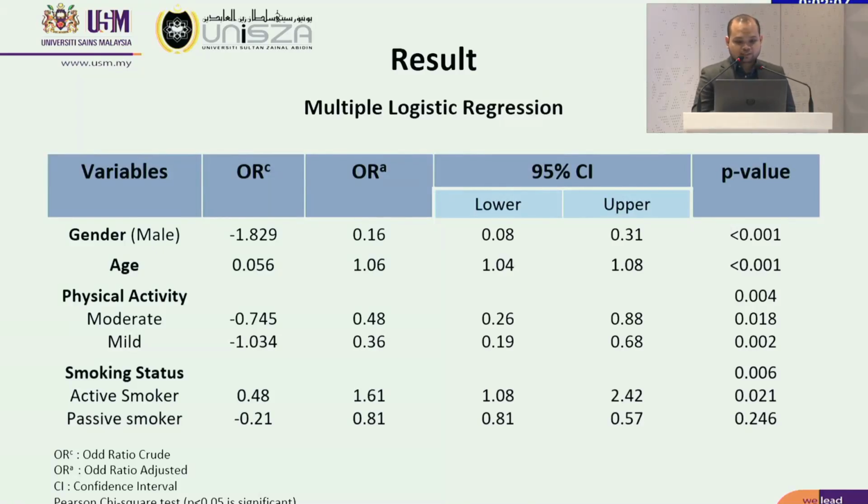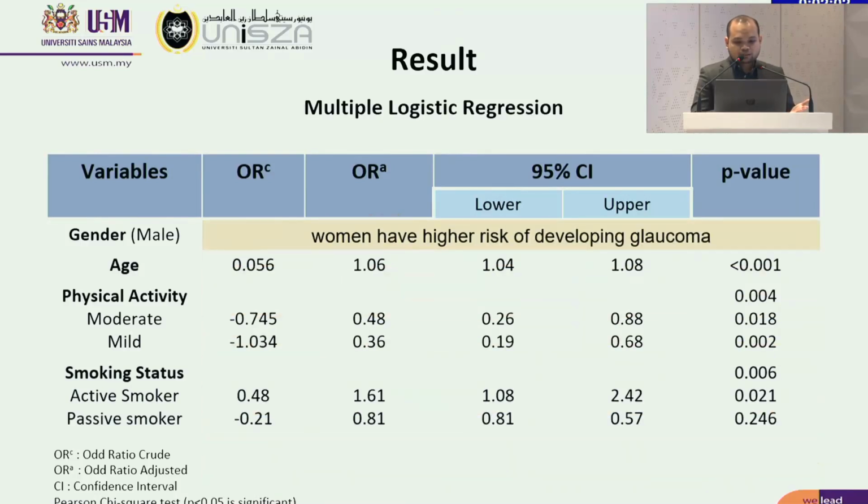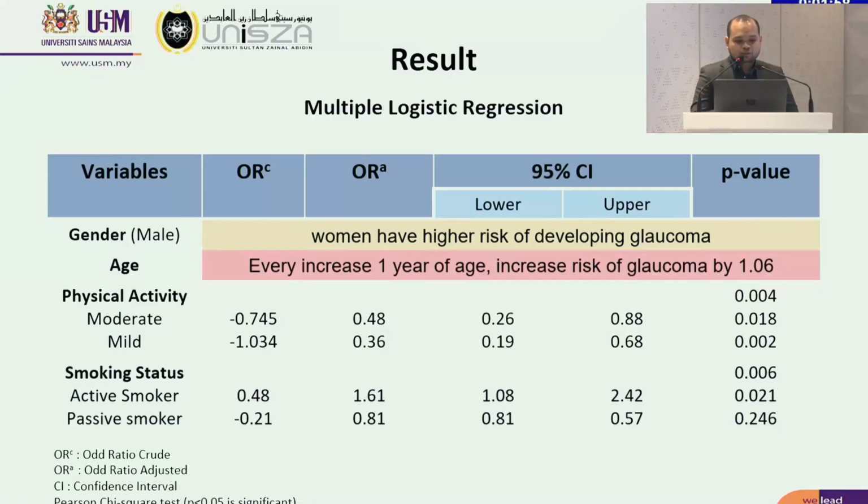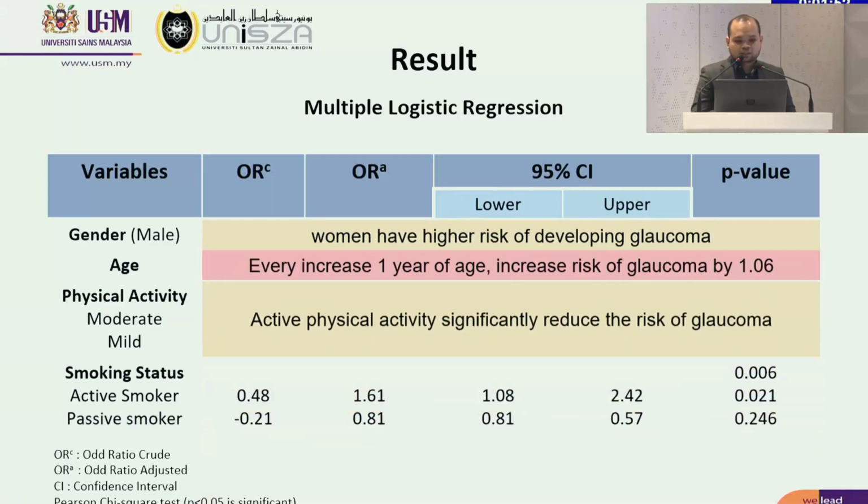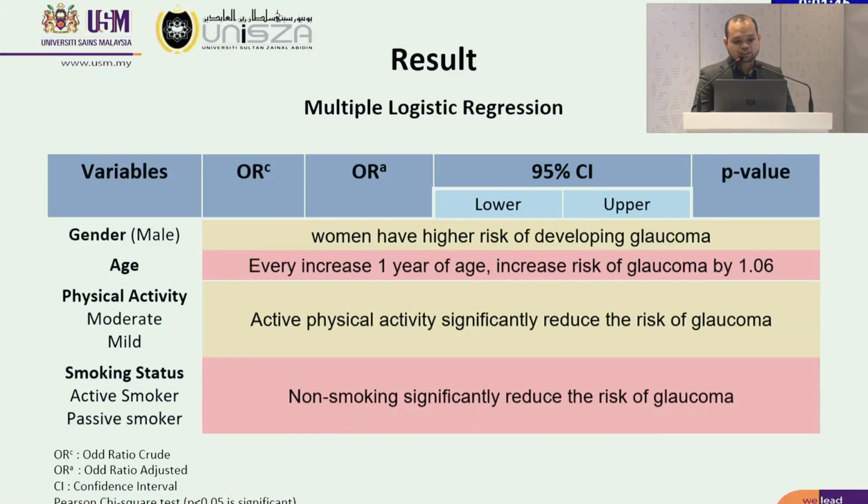From this table, we can identify that women have higher risk of developing glaucoma in Malays. Every increase of 1 year of age increases the risk of glaucoma by 1.06. And active physical activity significantly reduces the risk of glaucoma. Finally, non-smoking significantly reduces the risk of glaucoma.